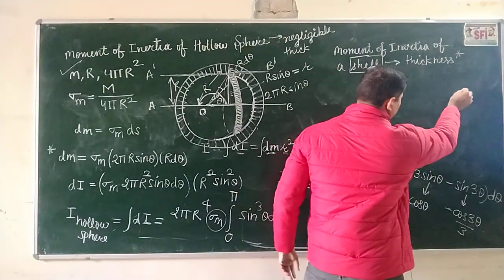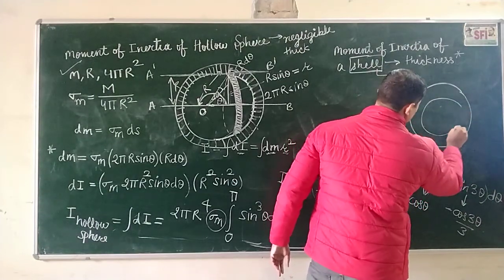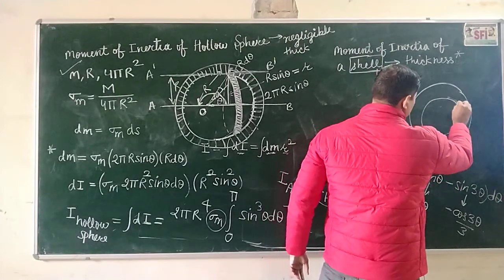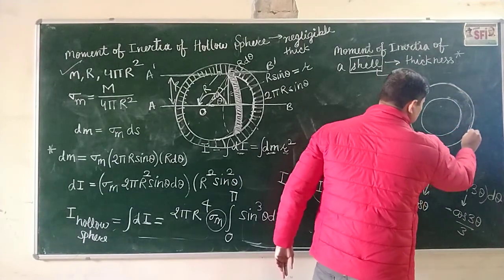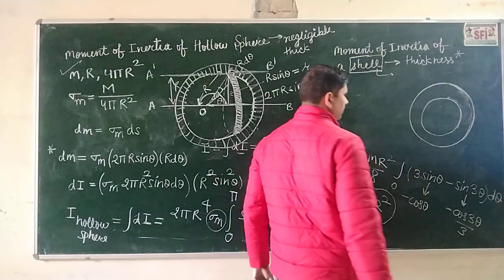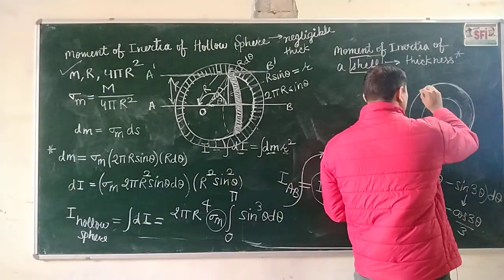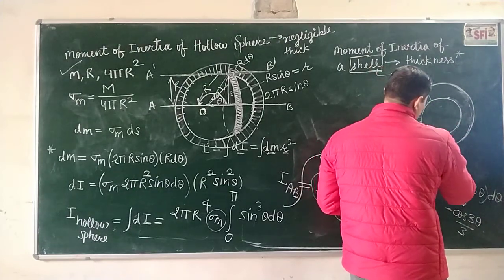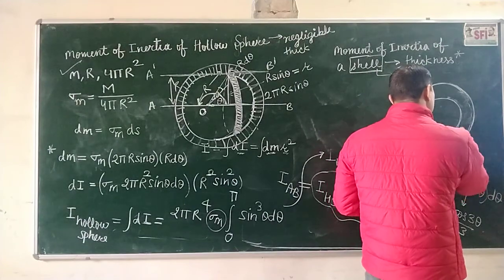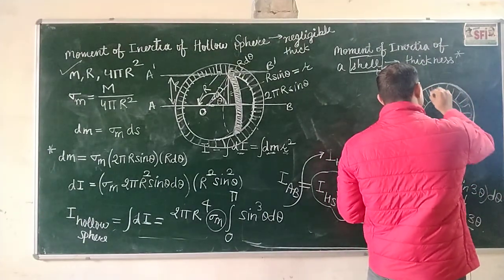Let me make a shell here. This is how a shell looks. You can see here it has a volume, so mass is distributed within this space, and we are to find the moment of inertia here.